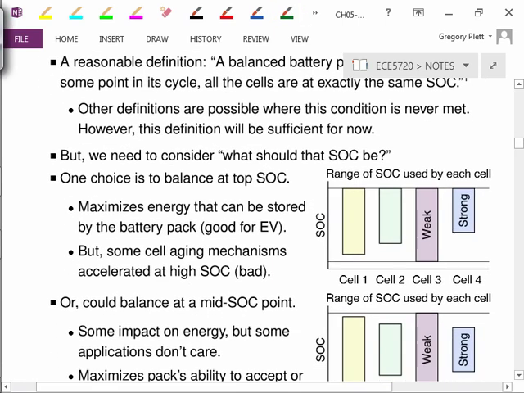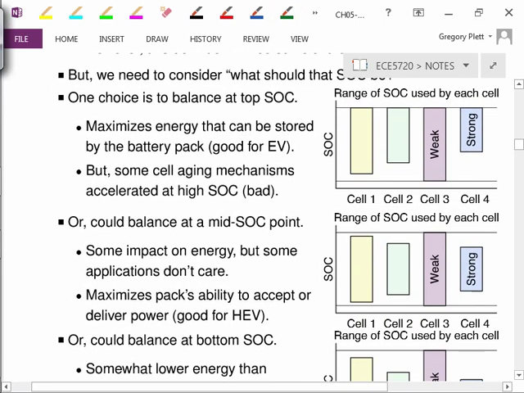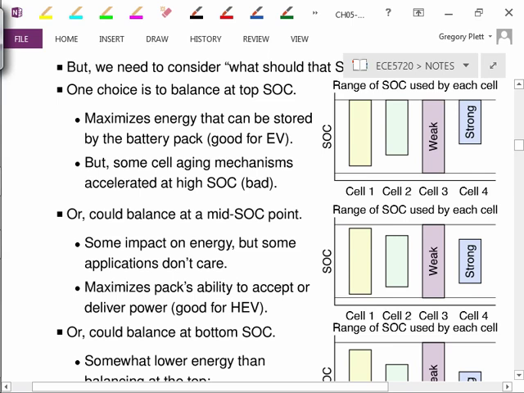One of them is to balance all cells so that when one cell is at 100% state of charge, or at the top state of charge of the design limit, then all of the cells are also at that top state of charge. So in terms of this picture, this is not state of charge versus time so much as notice the horizontal axis is 4 different cells in the battery pack, with a strong cell and a weak cell and 2 medium cells.